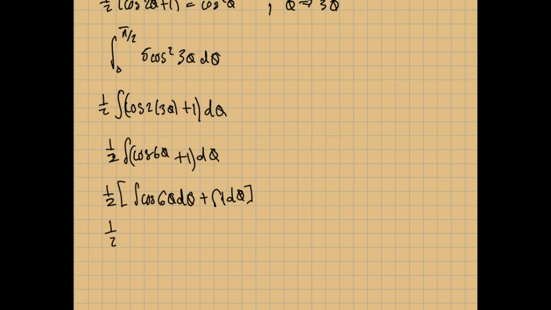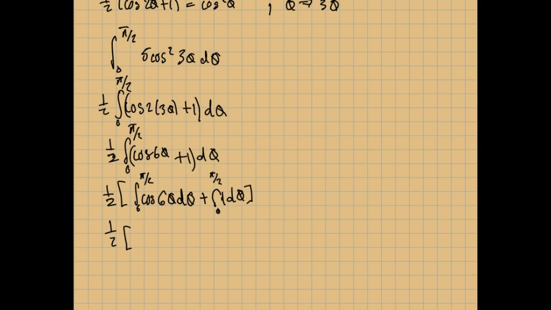So this would be half multiplying the integral, and don't forget the bounds, 0 to pi over 2, and it's 0 to pi over 2 here as well.